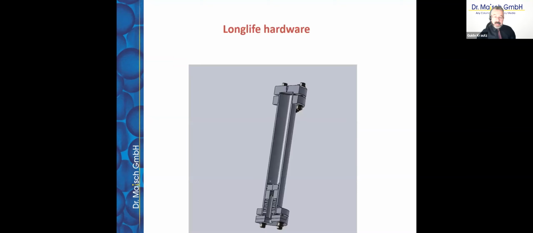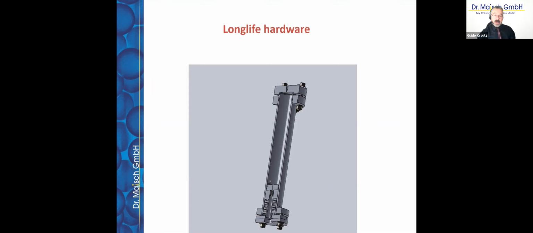This is realized by a spring mechanism, which is integrated into the column body. When you pack the column and compact the bed, you also compress this spring. And when a void occurs during the use of the column, then the spring would expand and compensate that void.